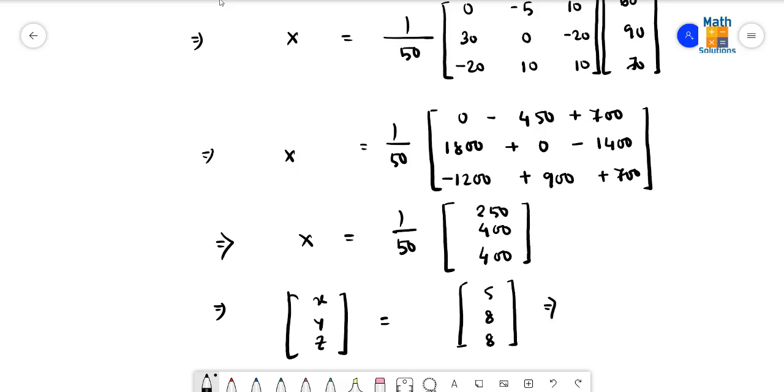So after this, x is equal to 5, y is equal to 8, z is equal to 8. So this is the required result. Actually x is equal to 5 means cost of onion per kg is rupees 5. Then that of wheat per kg is rupees 8, and that of rice is rupees 8 again.